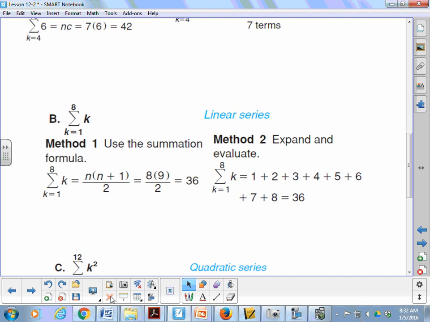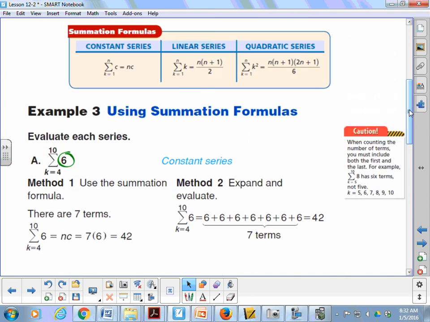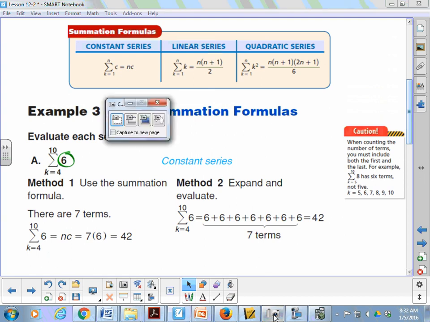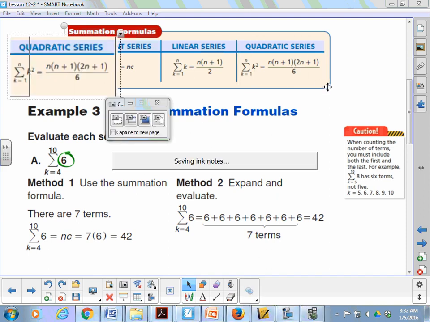And when it's a quadratic series, the formula for that is n times n plus 1. Let me take a picture of that, move it down. Great.